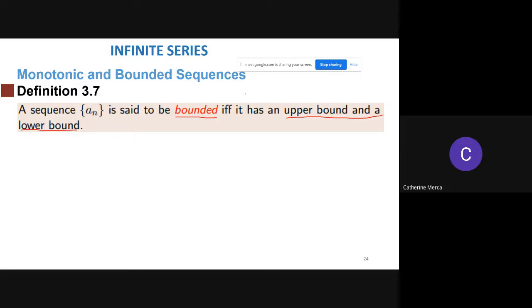So kung upper bound lang ang naa, dili bounded ang sequence. Kung lower bound lang ang naa, dili gihapon bounded ang sequence. It will only be bounded if it has an upper bound and a lower bound. Kinahanglan ang duha.